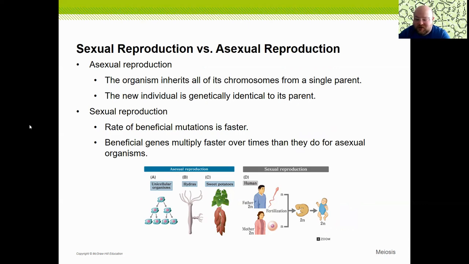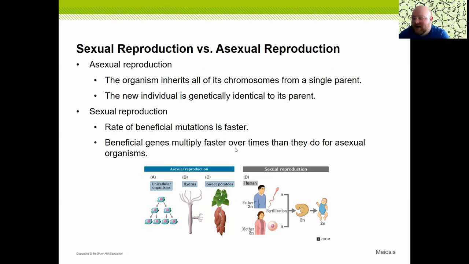Sexual reproduction is when you have two individuals whose gametes combine to create a brand new organism with genetic variation, meaning they're completely different from the parents. That is sexual reproduction. The rate of beneficial mutations is faster. So typically beneficial traits are what's passed on.